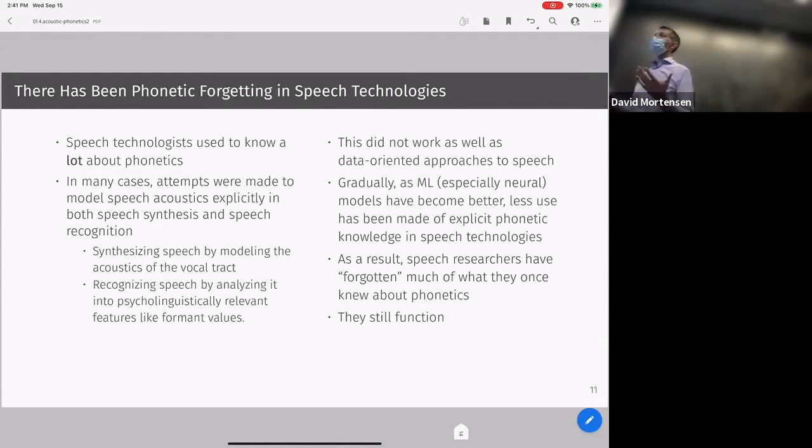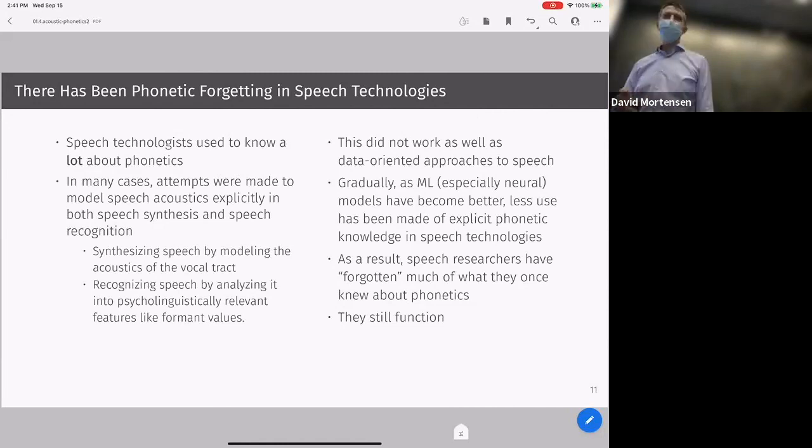Now in a speech textbook today, you'll get much less, some version of the auditory system, auditory phonetics, and some basic stuff, but much less. And somehow, despite not knowing much in the way of phonetics, modern speech researchers still function.